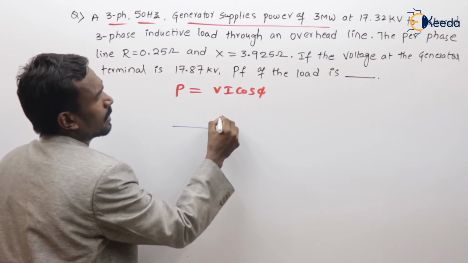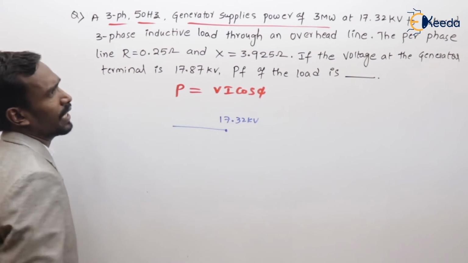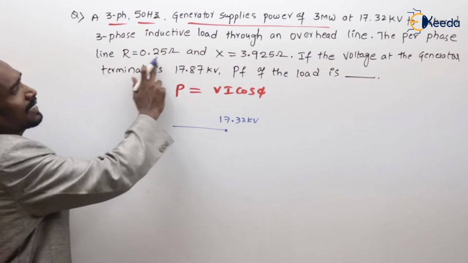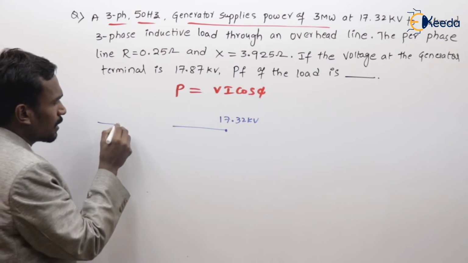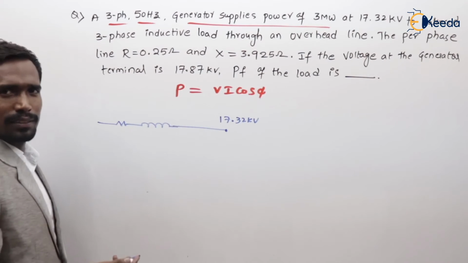The per phase line resistance and reactance are given as 0.25 ohms and 3.925 ohms.